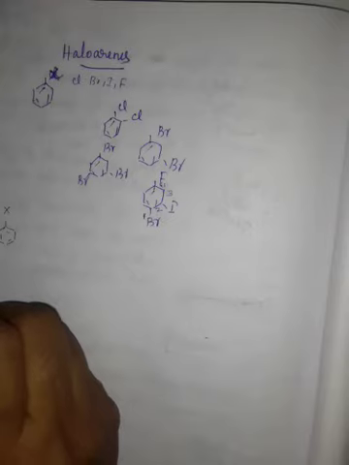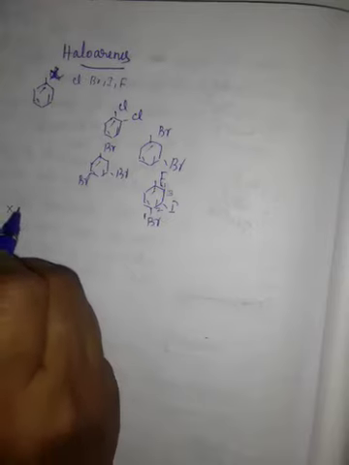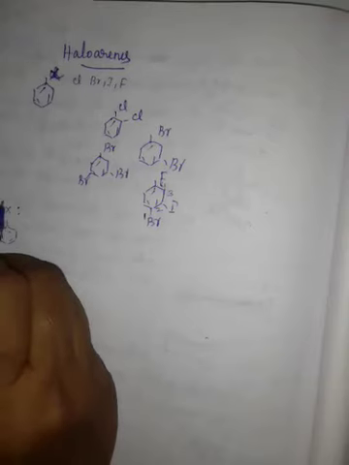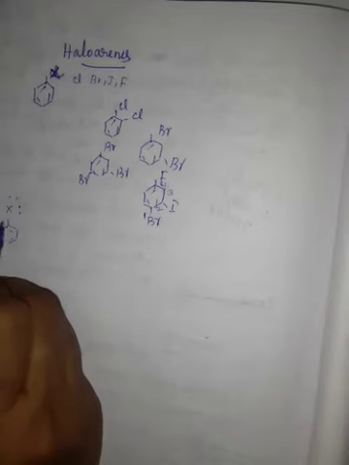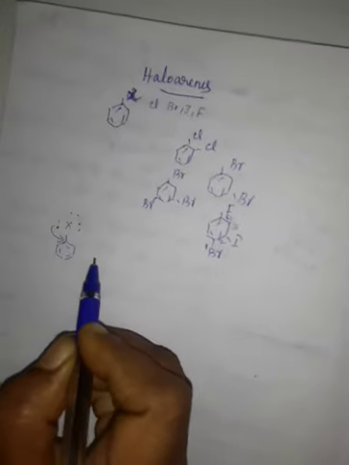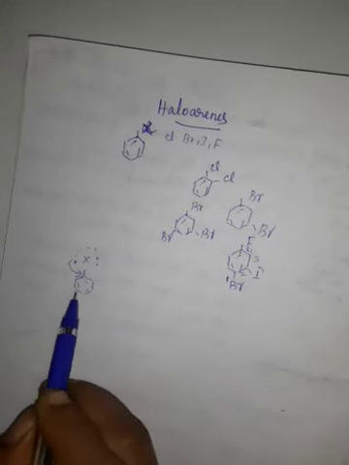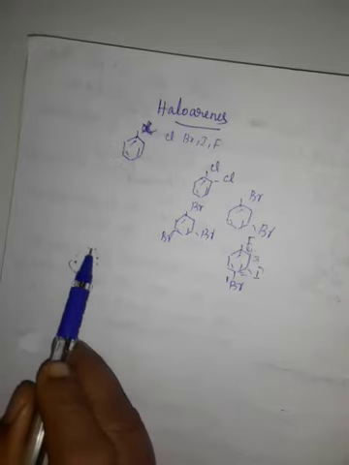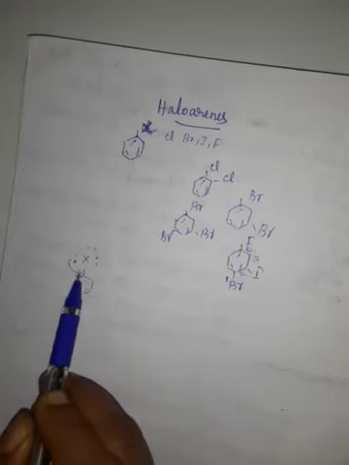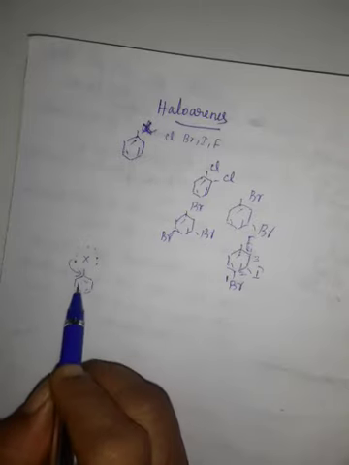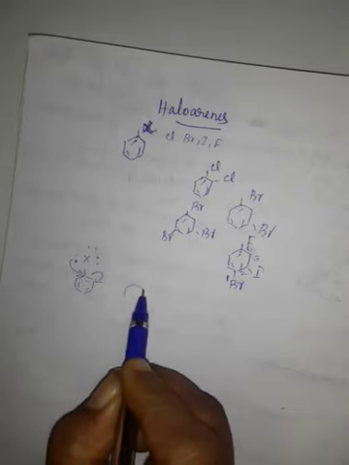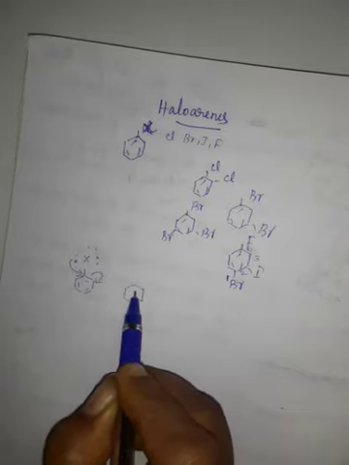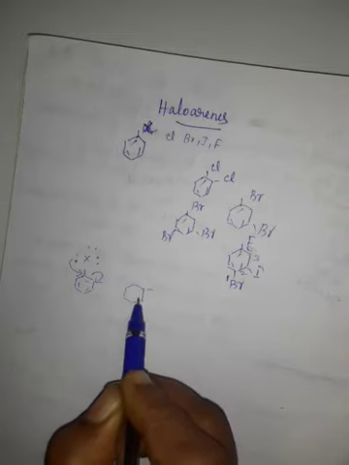The resonance structure is given as follows. Halogen X having 3 lone pairs. If one lone pair is shifted here, then this bond can be shifted here, so it gets a negative sign.